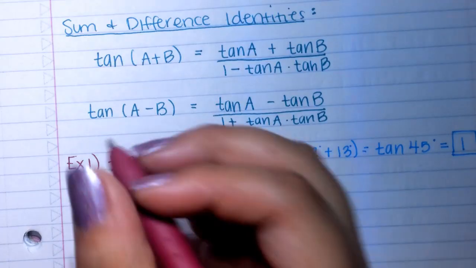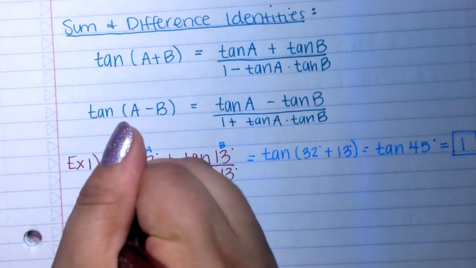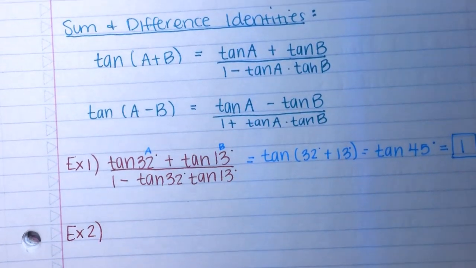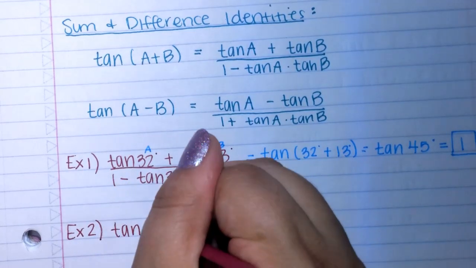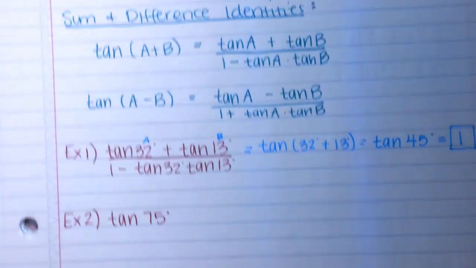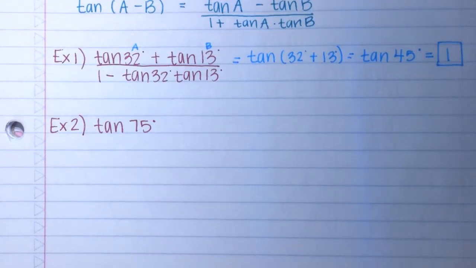What about the example 2? Let's find the tangent of 75 degrees. Do we know anything about 75 degrees on our unit circle?